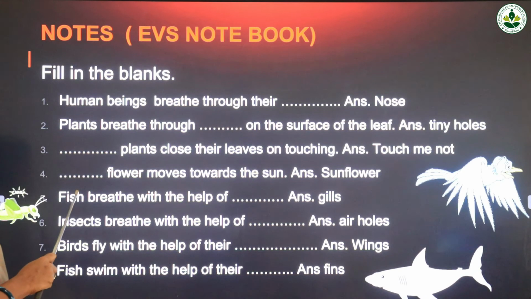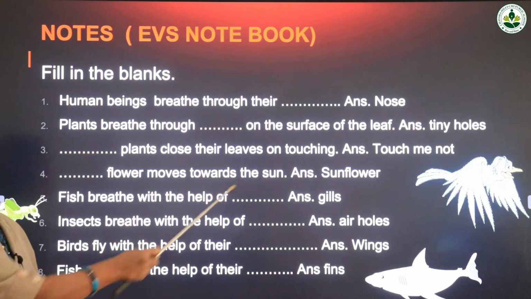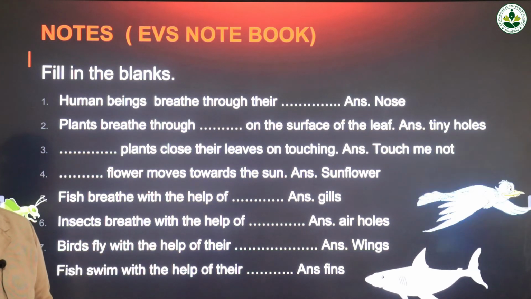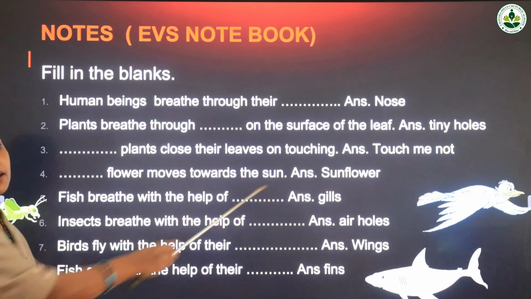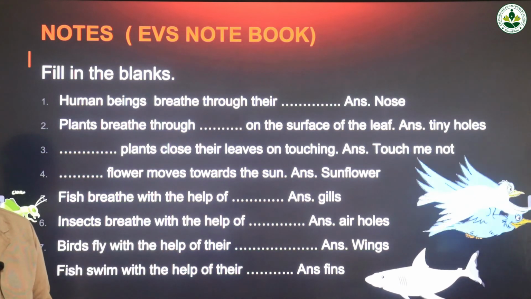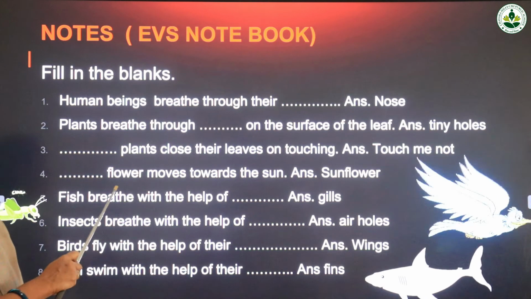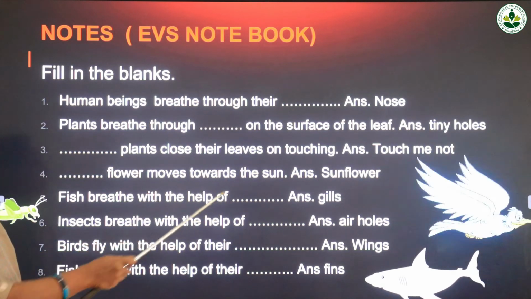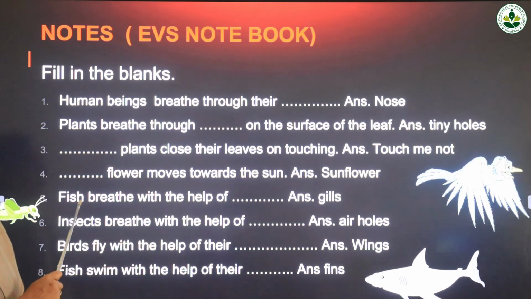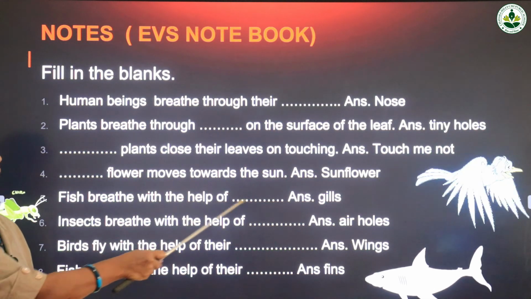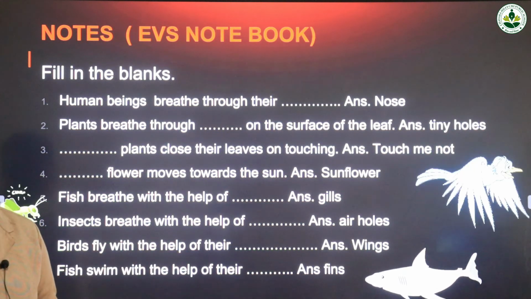Now fourth one, dash flower moves towards the sun. Which is that flower? That is sunflower. What is its color? It is yellow in color. So sunflower moves towards the sun. Now fifth question, fish breathe with the help of dash. How do fishes breathe?